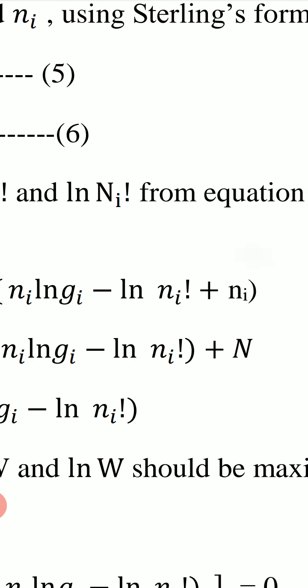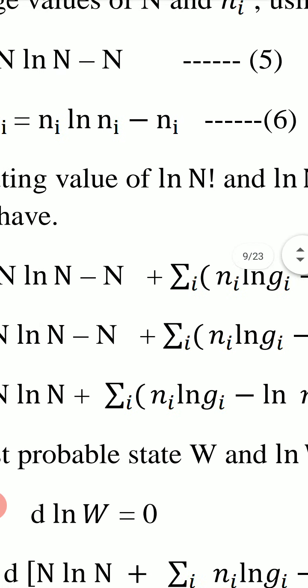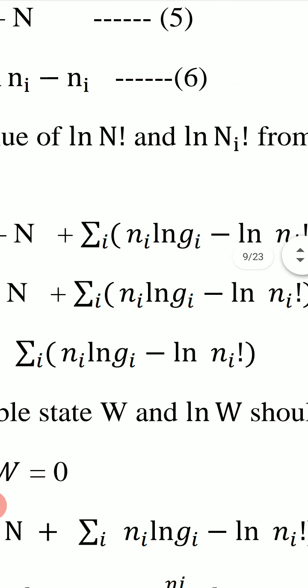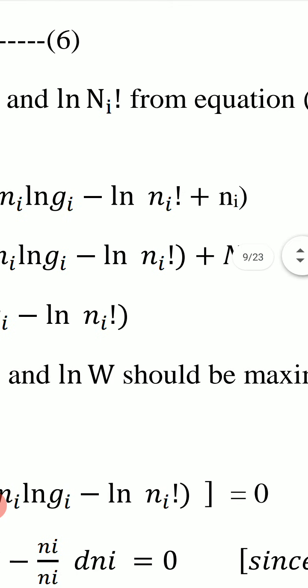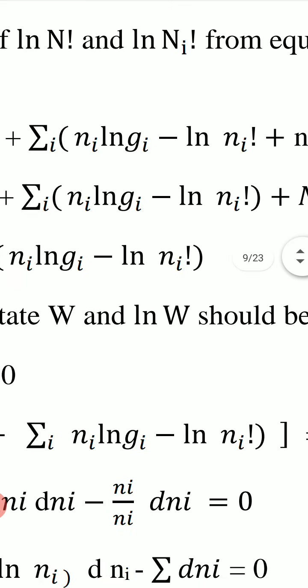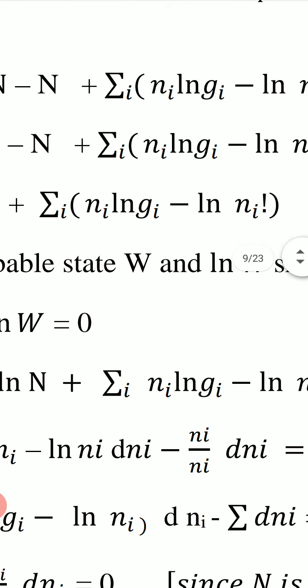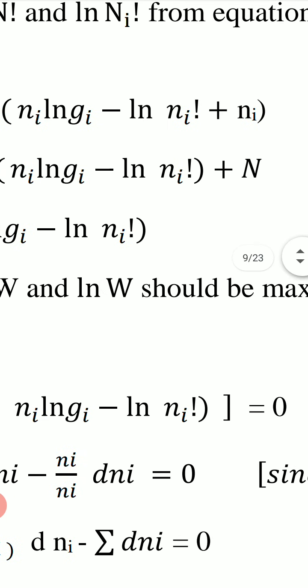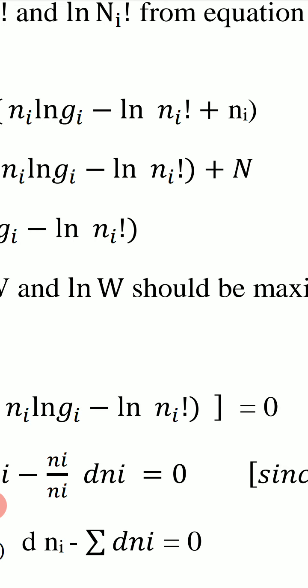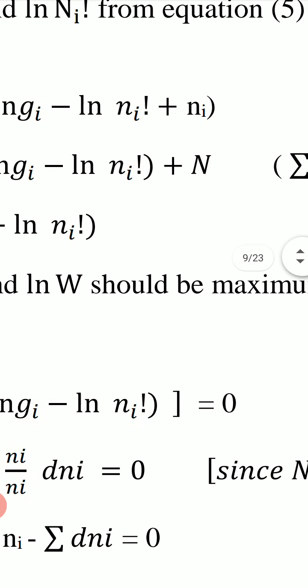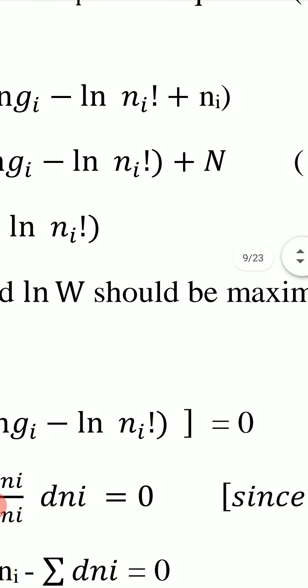So correct here in this term. We will have to put the value of log factorial ni, then it becomes equal to ni log ni minus ni.